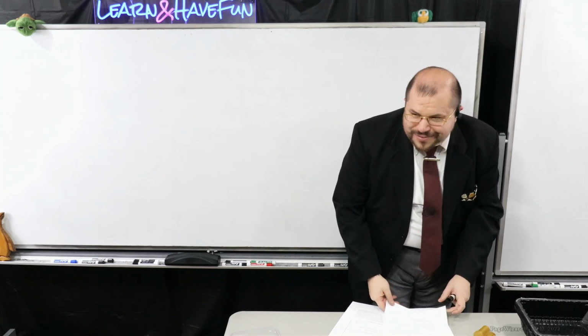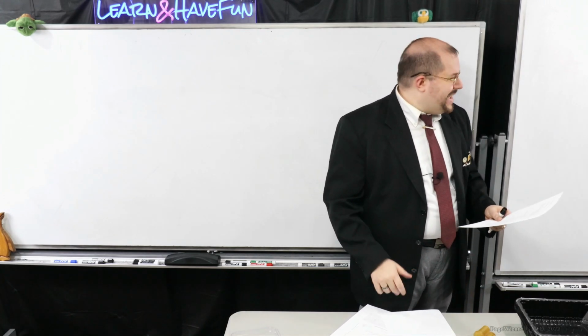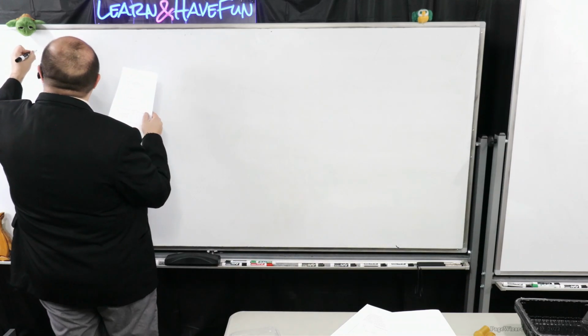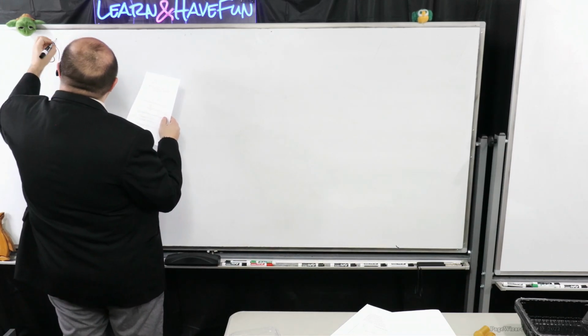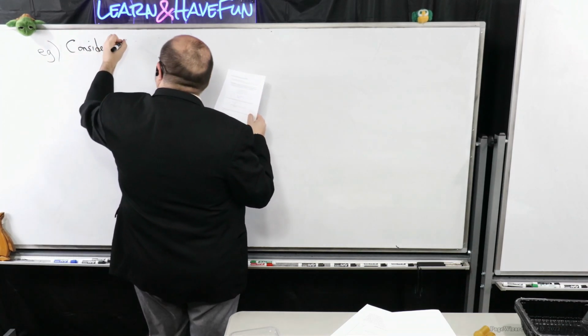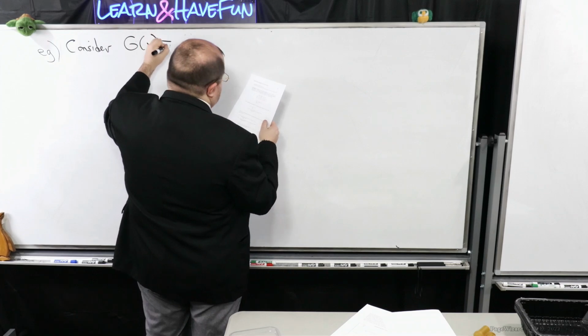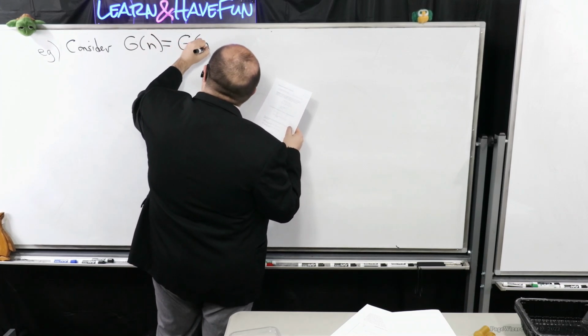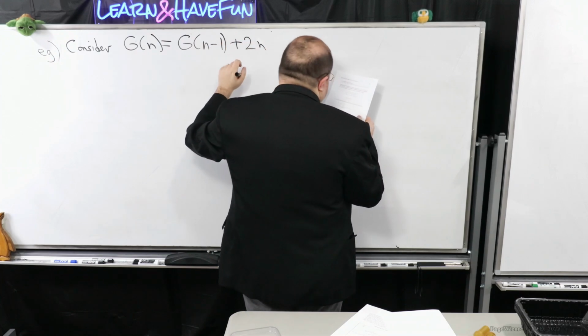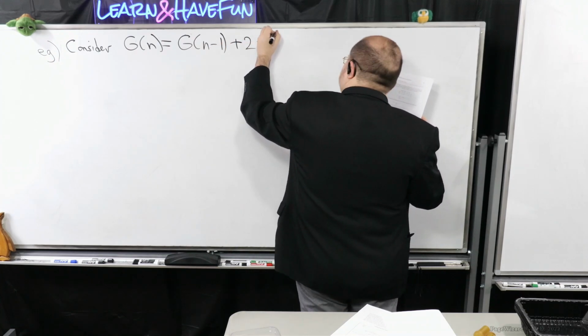So this one will actually have stuff that's going to go in the buckets, okay? So consider g of n equals g of n minus 1 plus 2n. This should remind you a little bit of what we had before. I made it a little bit tougher.